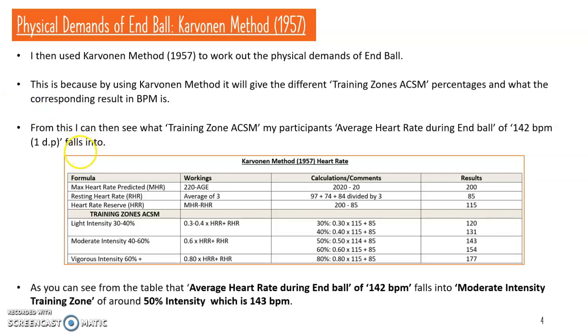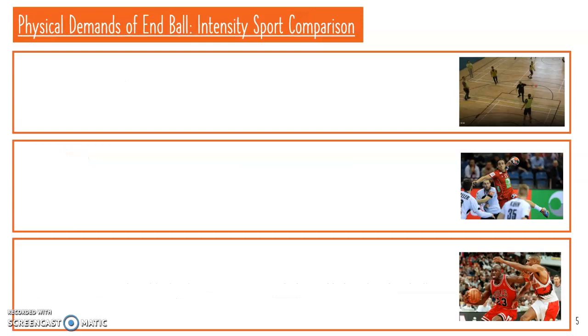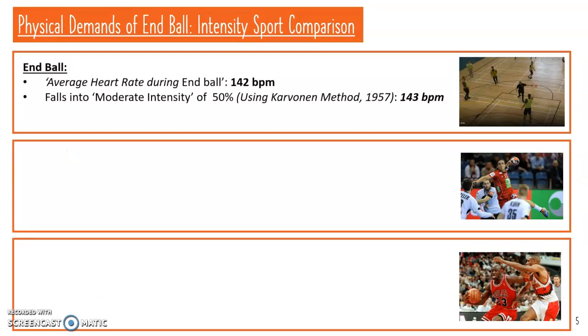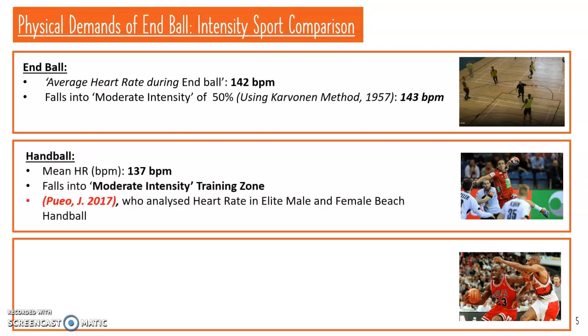As you can see from the table, the average heart rate during endball of 142 beats per minute falls into the moderate intensity training zone of around 50% intensity, which is 143 beats per minute. So from my research, I would therefore say that the physical demands for endball are similar to the physical demands of handball and basketball.